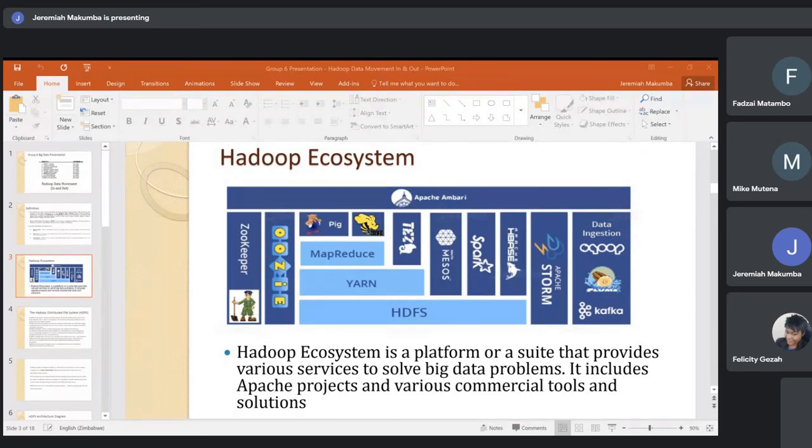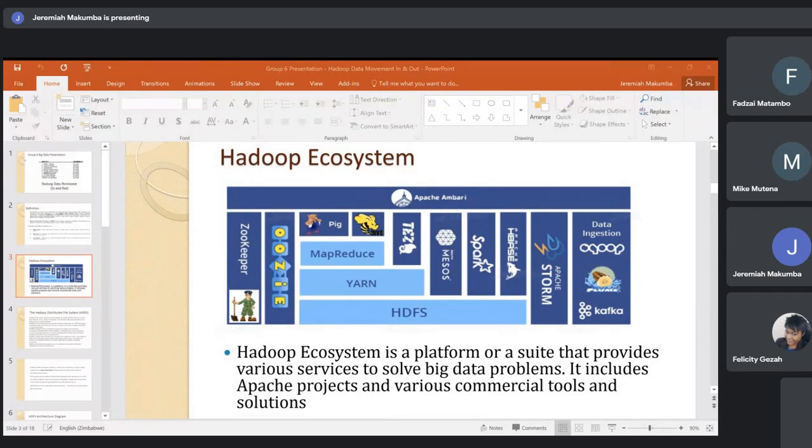What I'll do is try to share a YouTube video which explains this diagram as it is. It will help you get a better understanding of the ecosystem. Then at the top, we have Ambari, which oversees everything.